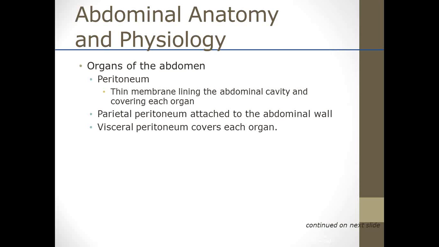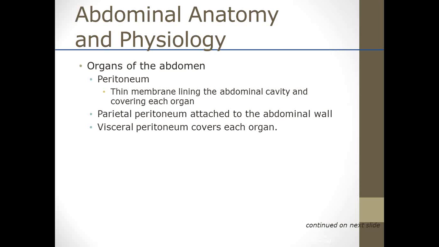In between those two are small little, I think of them as ball bearings, but it's basically a solution or a fluid that makes those move smoothly against each other each time we take a breath.